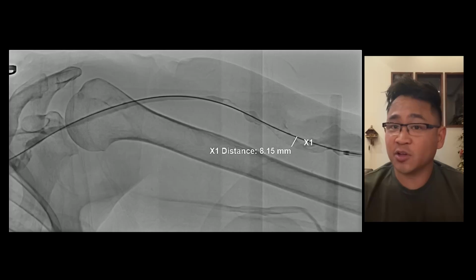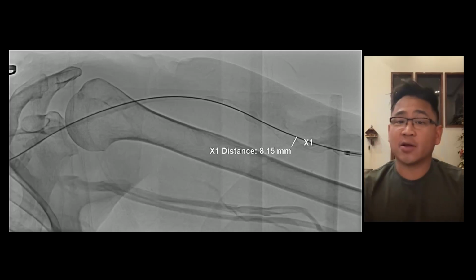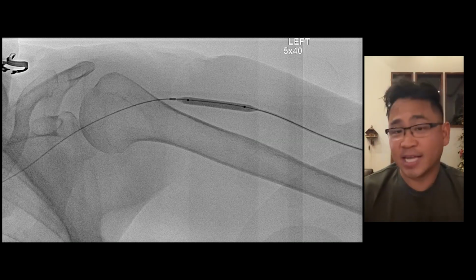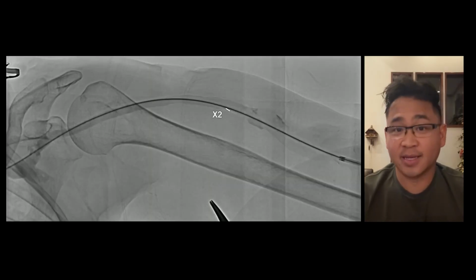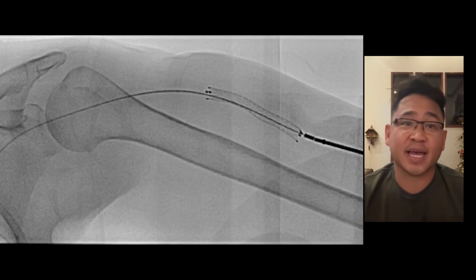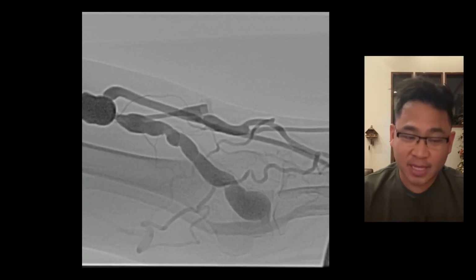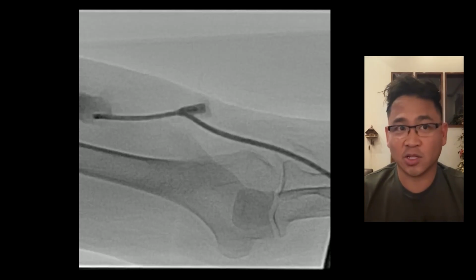When we regained flow, we noted that there was a focal area that was really narrow that needed angioplasty, that did not allow it to remain resolving its stenosis. So we had to stent it. And when we stented it, we noted that all the inline flow was coming out of this really large vein.